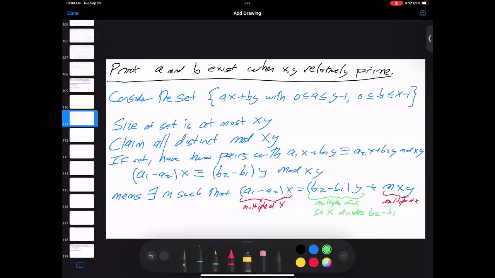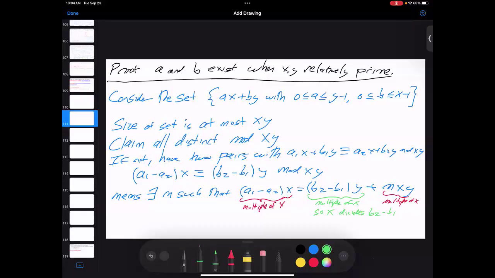If I choose them as far apart as possible, is that a multiple of x? What's the only way they could be a multiple of x? If x is 1. Nope. Because remember, you don't get to choose x. What's the only way b2 minus b1 could be a multiple of x? If we took them to be as far apart as possible, that's only going to be x minus 1.